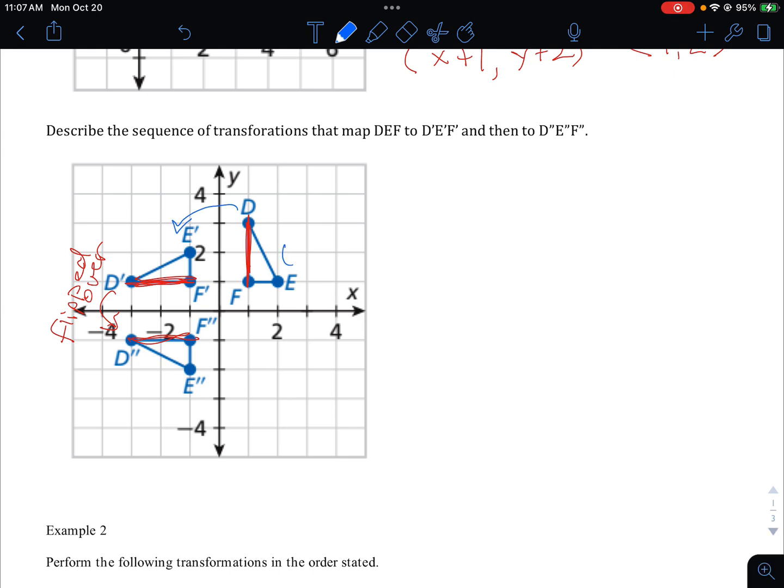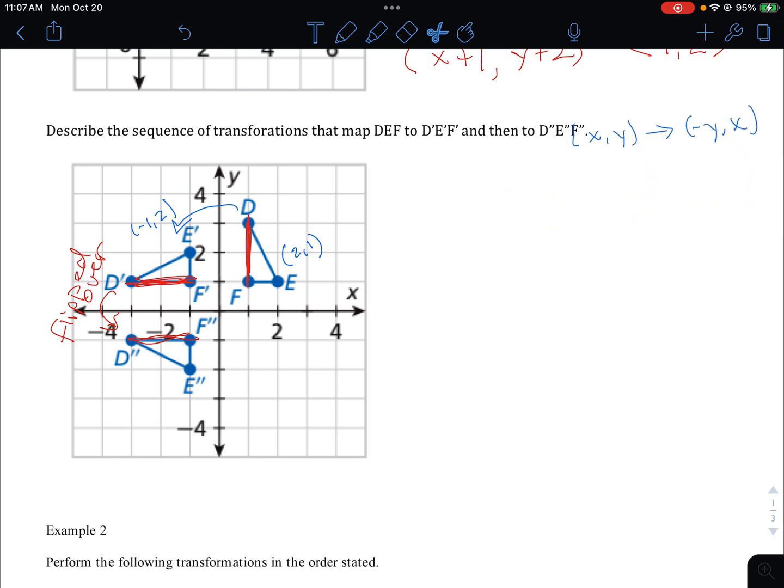I'm just going to check one thing. Point E is at 2, 1, and E prime is at -1, 2. So that is (x, y) turning into (-y, x). And so, yeah, that's a 90-degree rotation. Yay! Okay, so got that one right.